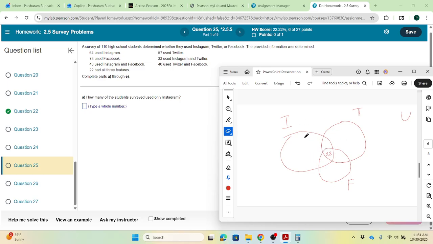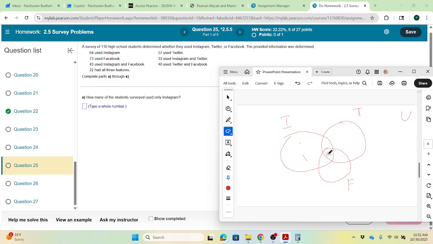So now, let's go backward. 43 use Instagram and Facebook both. Instagram and Facebook, they use 43. But that 22 is already here.